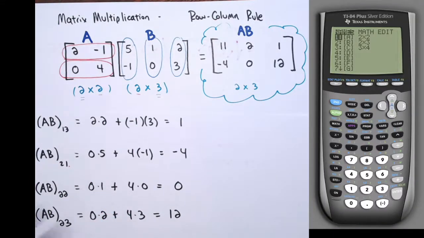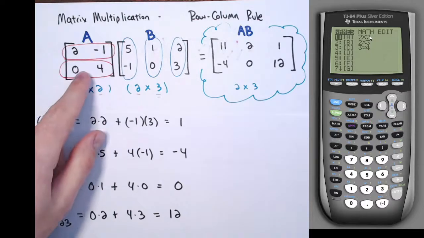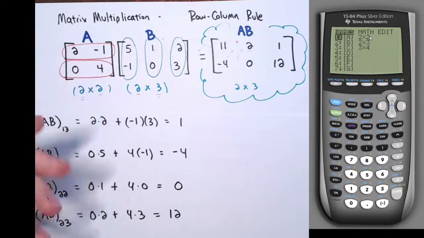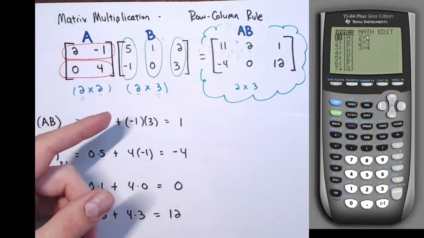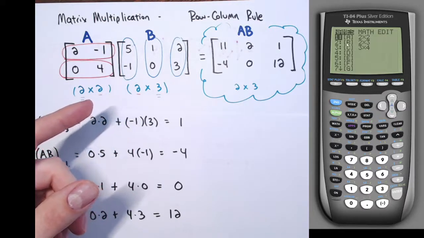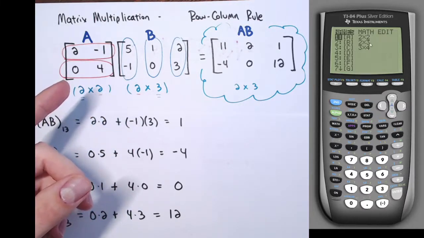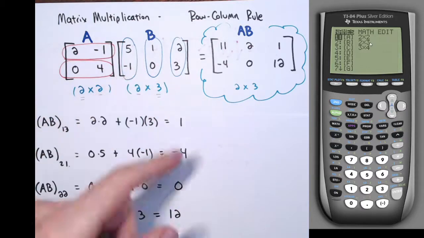Alright, so you see the calculator pop up here. I have entered matrix A as a 2 by 2. I entered these entries, and you've seen me do it in a bunch of videos by now, so you know how to enter a matrix. Hopefully go to the edit. And then matrix B, number 2 here, is this 2 by 3 with these entries.